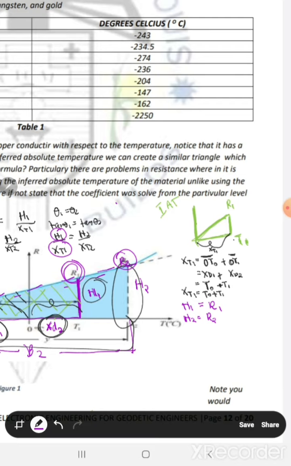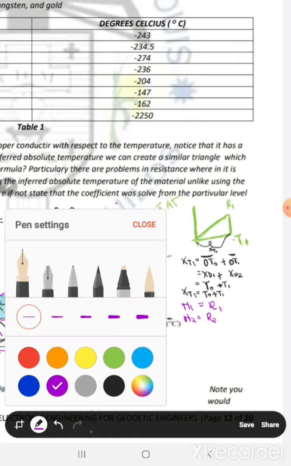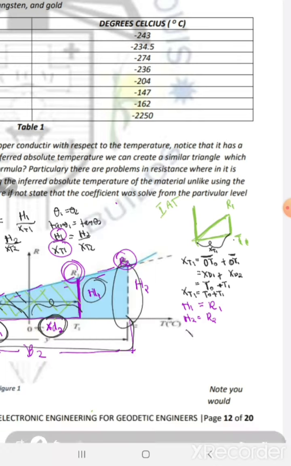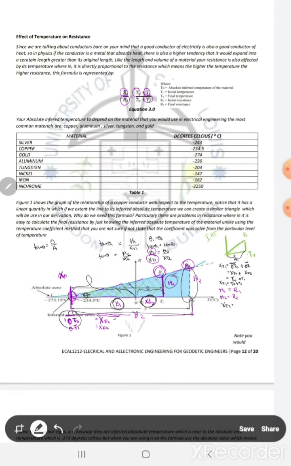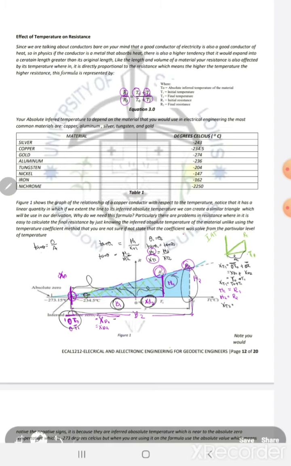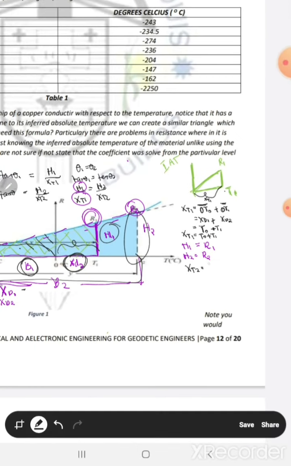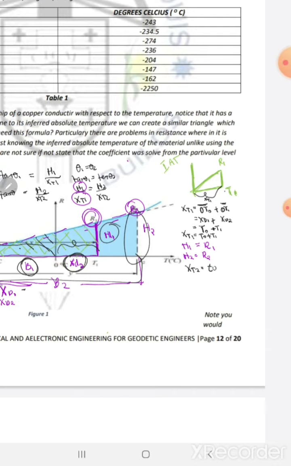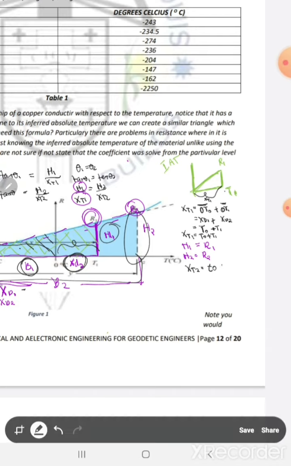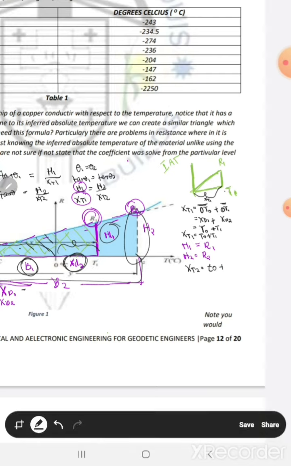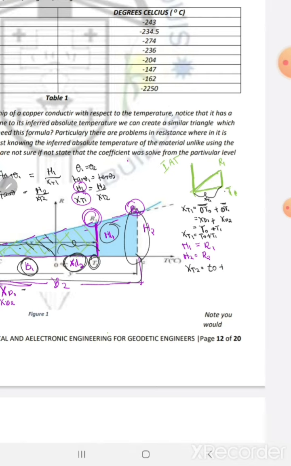But what is our XT2? Just like what you have done in our XT1, madali lang yan, tama? So we have our XT2, which is equal to the distance of your T0 to 0, which is your inferred absolute temperature. Okay? We have T0 plus our temperature at 2. Ito, 2.